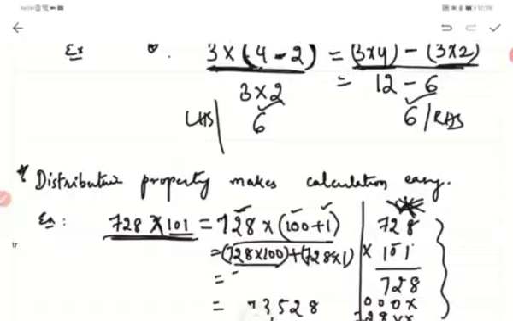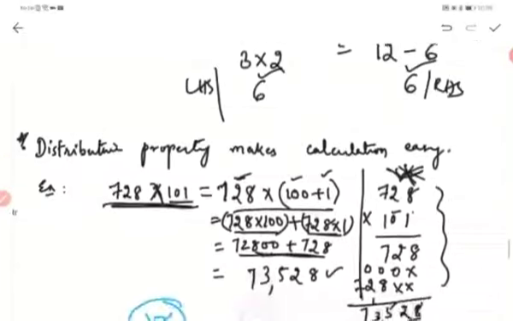So 728 times 100 gives you 72,800, plus, this is also very easy to multiply, 728. When you add these two, you will get your answer very easily.